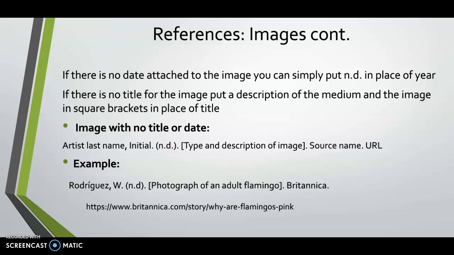So for an image that has no date, you would just put ND, standing for no date. And then if it doesn't have an official title, you would just describe it. Describe the image and the type of image. And I've given you an example down here from the Encyclopedia Britannica online.